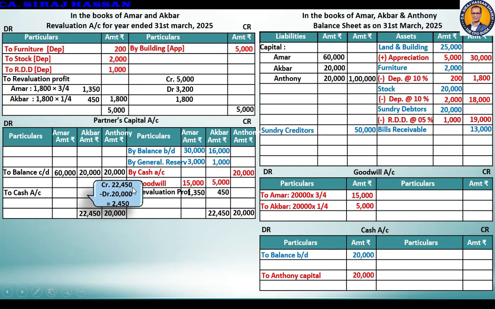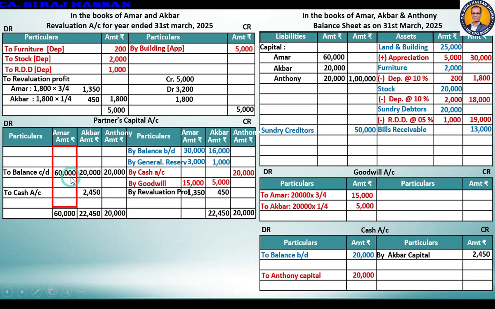Credit side total is 22,450, debit side total is 20,000. So there is an excess of 2,450 which will be refunded to Akbar. So the journal entry will be, since Akbar is the receiver, Akbar being a personal account, debit the receiver is the rule. So my journal entry should be Akbar's capital account debit to cash/bank account.